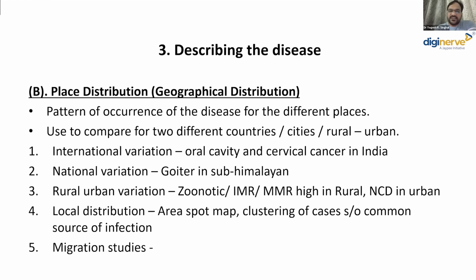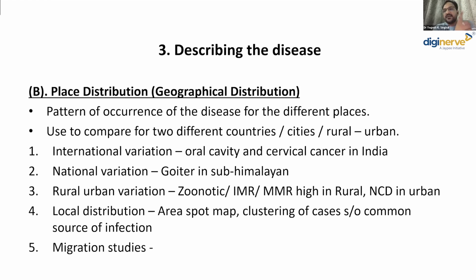Now, suppose we think of international variation: you see oral cavity cancer cases are high in India due to tobacco use, while due to tobacco, lung cancer is high in other countries.